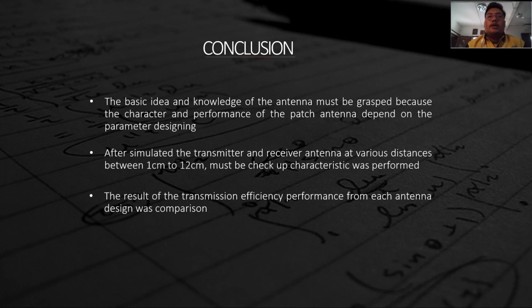And lastly, the transmission efficiency performance of each antenna design was compared, and of the three antenna designs, the rectangular microstrip patch antenna with insert is better than the others. So that's all.